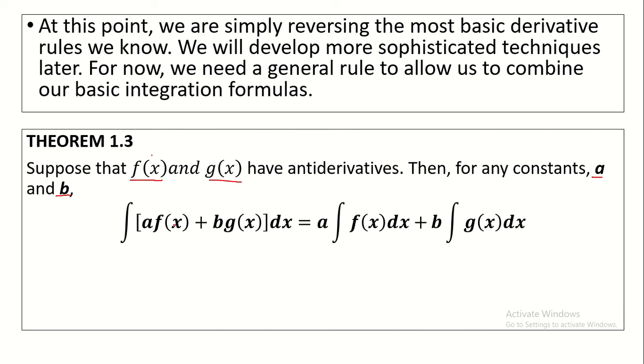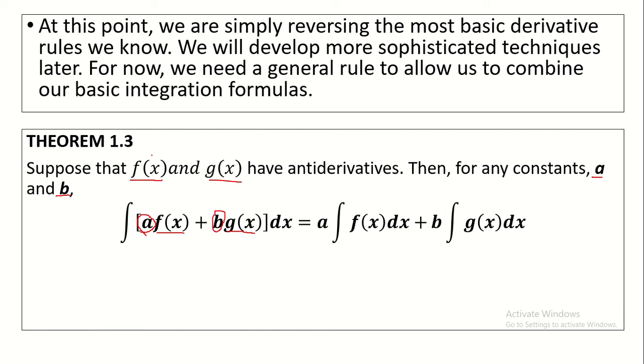Okay, what does that mean? So, ang ibig sabihin lang niyan na kapag yung function f of x at g of x ay may antiderivative at meron silang constants. Itong mga constants na to, yan yung mga numerical coefficients nila.